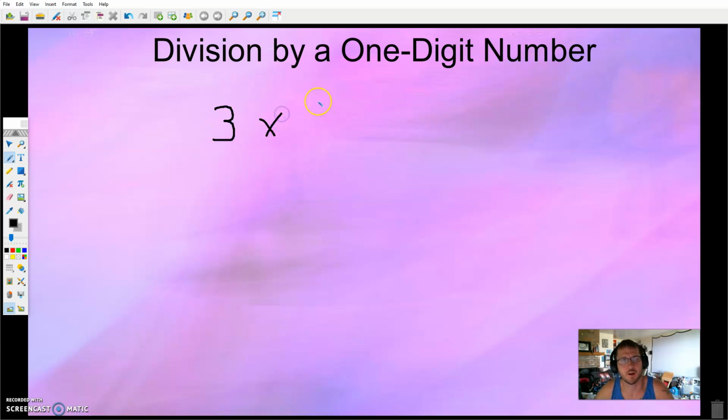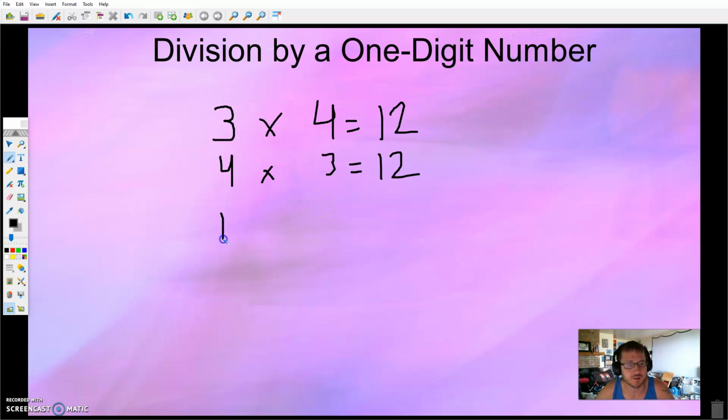Okay, our fact families will represent division as well. So if I know that 3 times 4 equals 12, then I also know the commutative property tells us 4 times 3 equals 12. And then as far as division goes, I can just rearrange those again. I'm just going to start with the product. 12 is now my dividend.